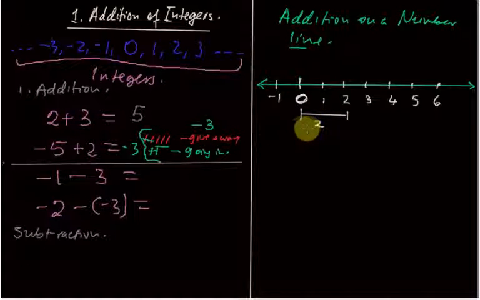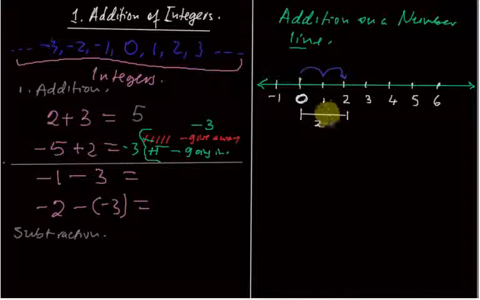And then I have to go 3 more steps. Now these 3 more steps add to where I ended. They don't start again. I ended at 2. I have to go 3 more steps. So I went 2 steps forward from here, 1 and 2. It needs me to go 3 more steps.